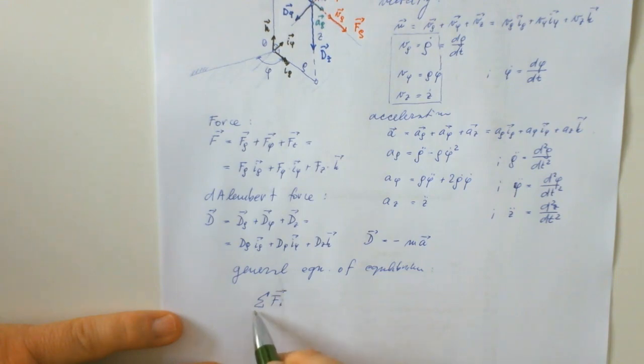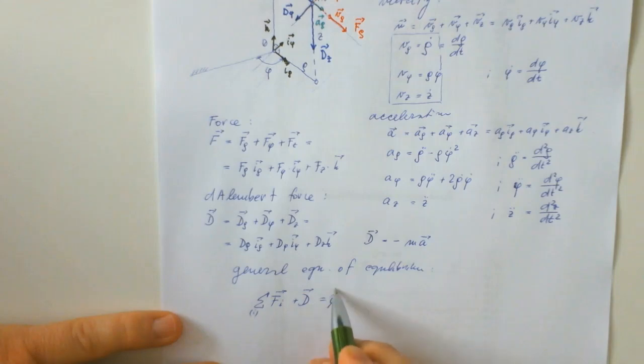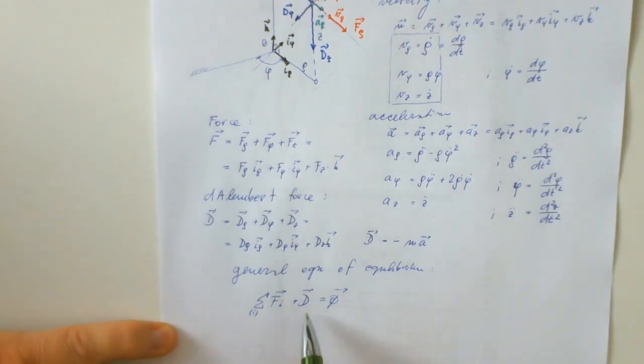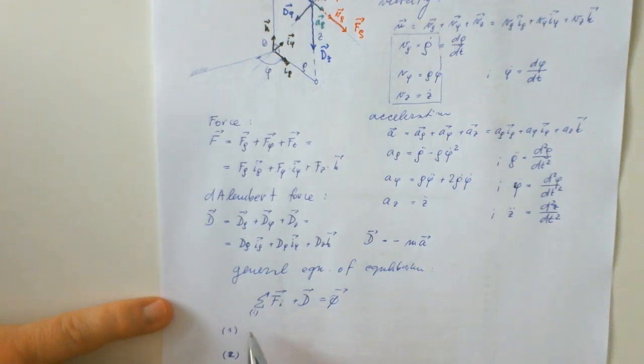So the sum of all forces plus D is equal to 0. And because we are in a three-dimensional system, we can make three equations in scalar form from this one vector equation. So in rho, phi, and z direction.